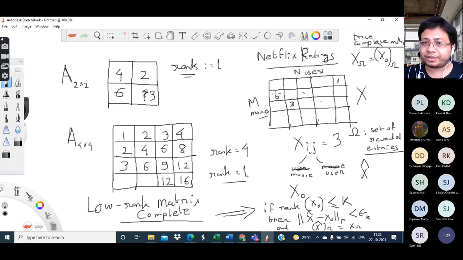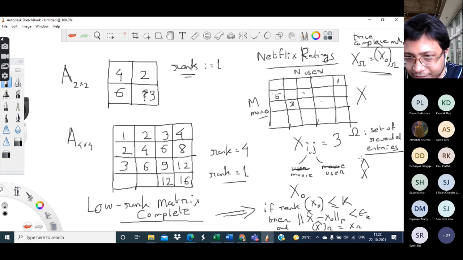No, that is not happening. If in the X matrix the 1, 2 element is 5, that means the first user has actually given the rating of 5 to the second movie. So that is what is indicated by this condition. And what is x naught? This is the estimated full matrix.